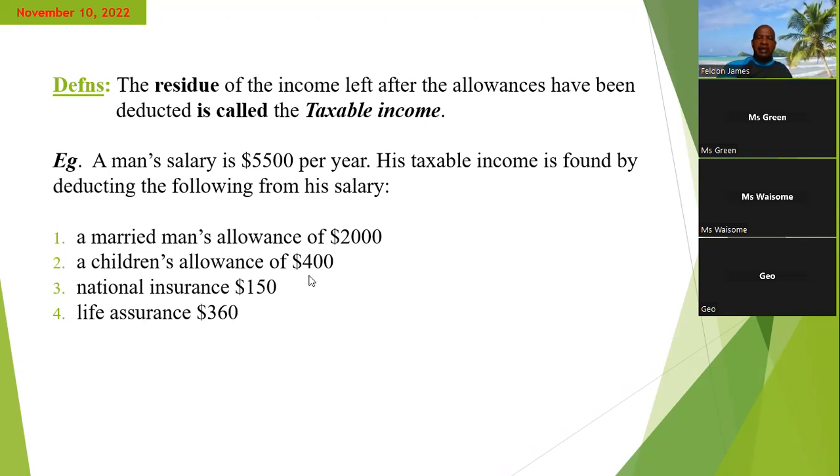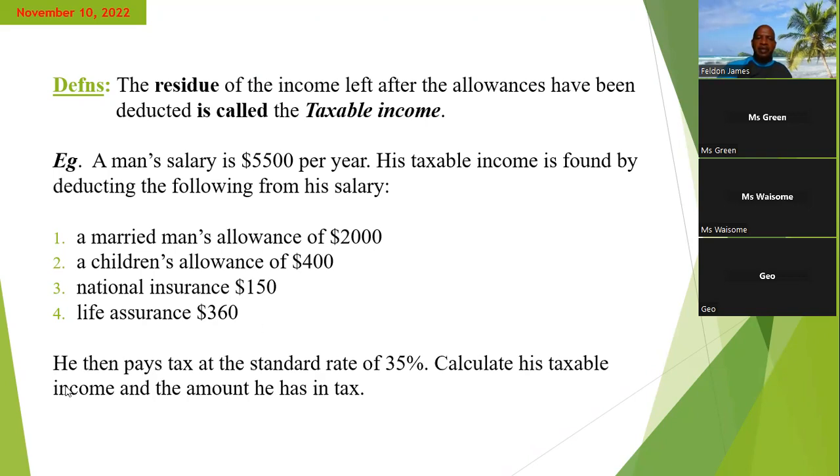So these are the things that you are allowed tax-free. He then pays tax at the standard rate of 35%. Calculate his taxable income and the amount he has paid in tax.